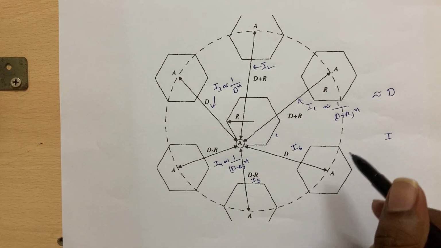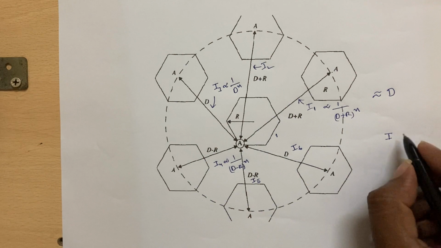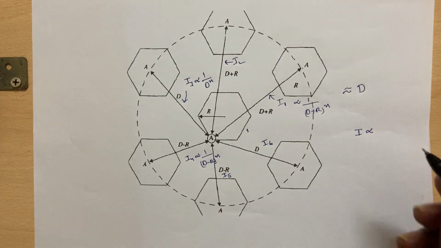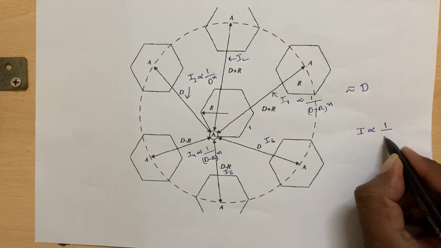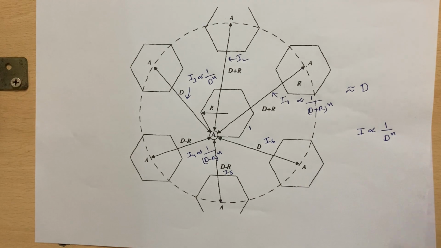So the approximation is that the distance between the co-channel cell and the cell edge is D only, so interference is inversely proportional to D^n. So all are creating a similar level of interference.